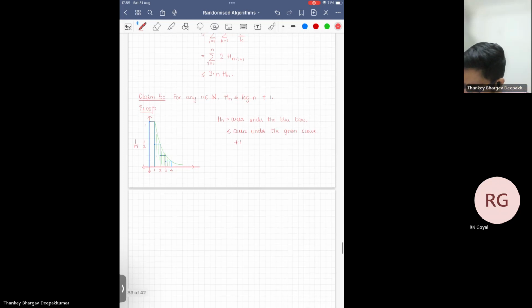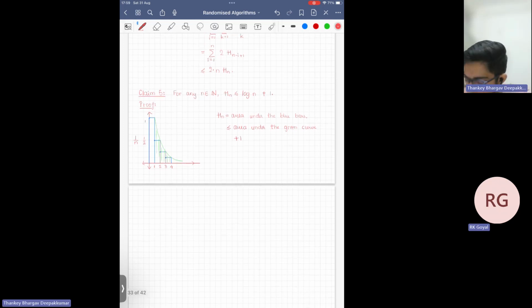Yes. So now all you want to do is find the area under the green curve. So this is the green curve, right? Not this.